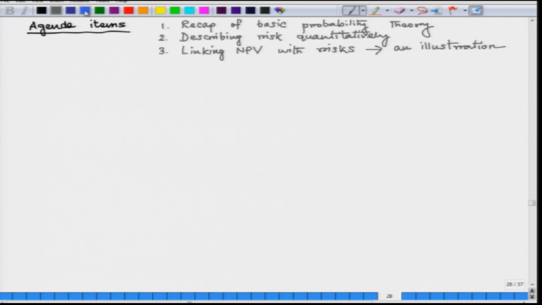So, now let us start with some basic definition which are useful to understand risk.